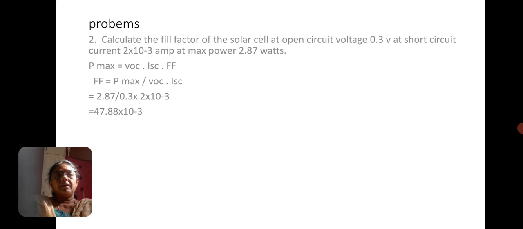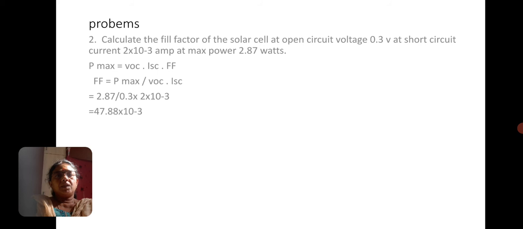Same as that, here power maximum is equal to voltage, meaning open circuit voltage, into current at short circuit into fill factor. According to this problem, you have to calculate the fill factor. Simplify that above equation, then fill factor is equal to P maximum divided by voltage at open circuit into current at short circuit.